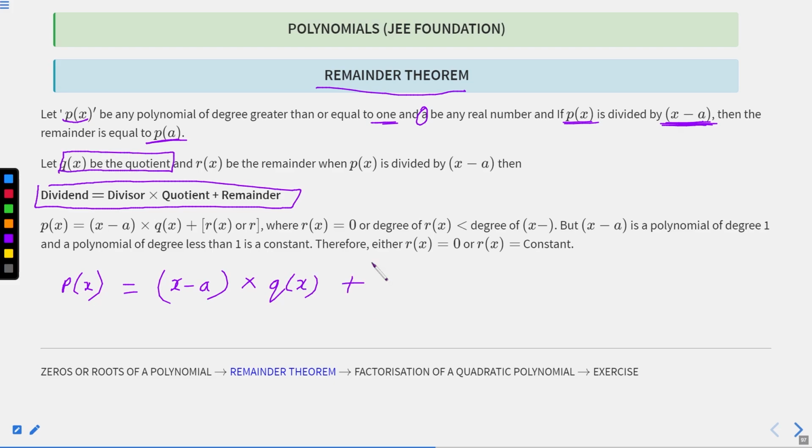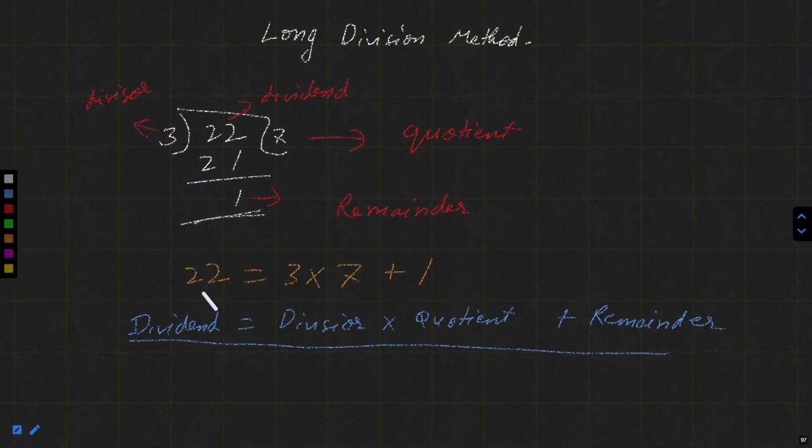So this remainder, Rx, is my remainder, so just adding Rx will give me this Px. As you saw in this example, this is my dividend, which is equal to the divisor times some quotient plus the remainder.